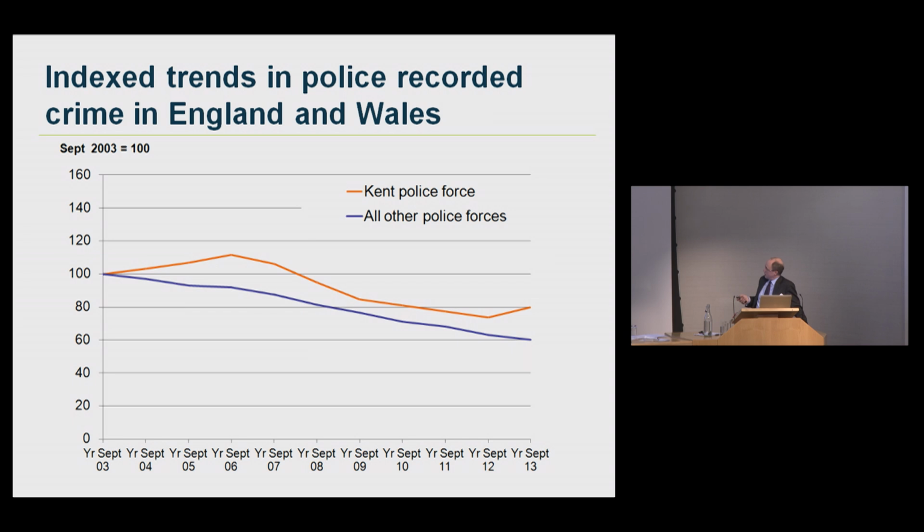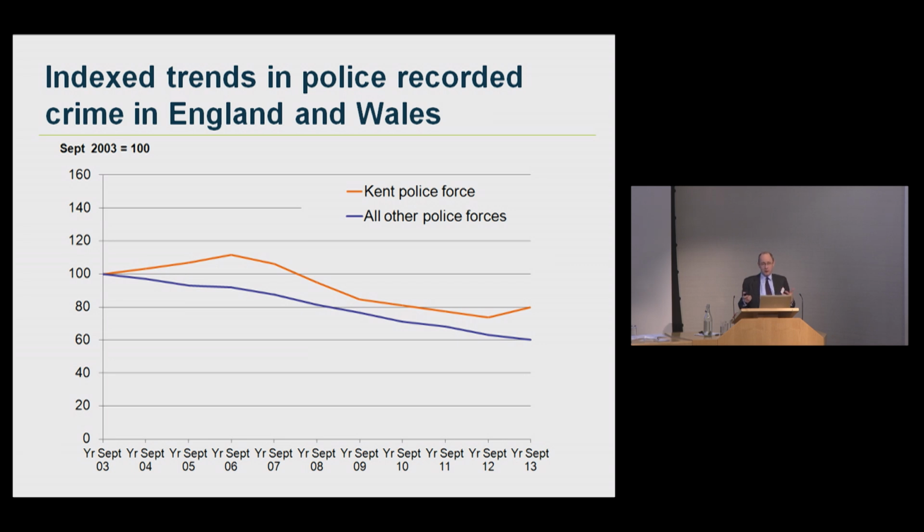What we've recently seen in Kent is this. So this blue line is an index for crime in England and Wales, all police forces apart from Kent. This is Kent. Kent have just recently started taking audit much more seriously, and what's happened is that the amount of recorded crime has gone up in Kent.